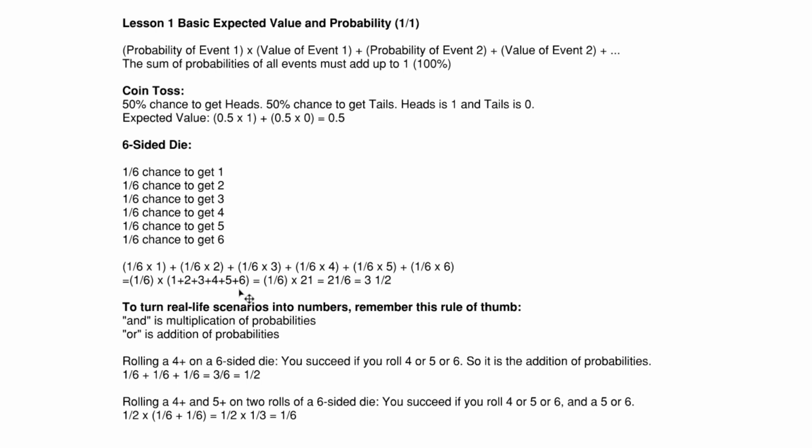That's way too slow. So anyway, when you multiply 1/6 times 21, you get 21 over 6, which is equal to 7 halves or 3.5. So the expected value from rolling a fair 6-sided die is 3.5.